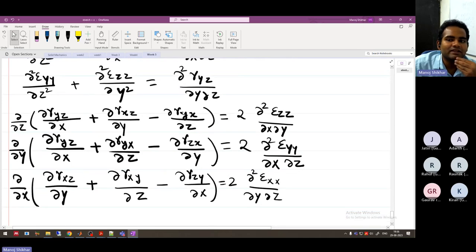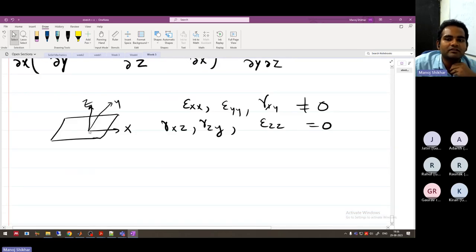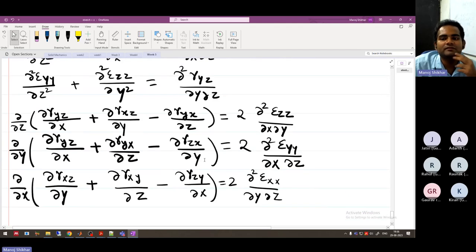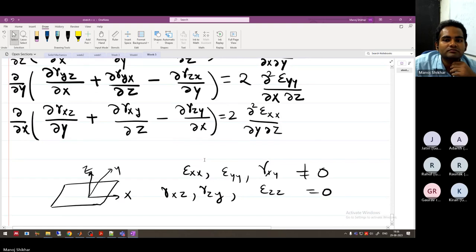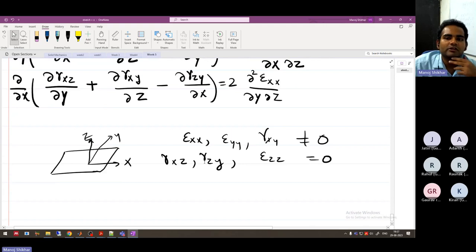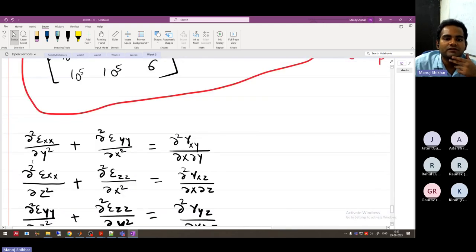Now we know that gamma xy does not depend upon z. There is nothing outside the plane, so gamma xy will not depend upon z. So this will get automatically satisfied. Anyways, the only compatibility equation we have to check will be the first one.